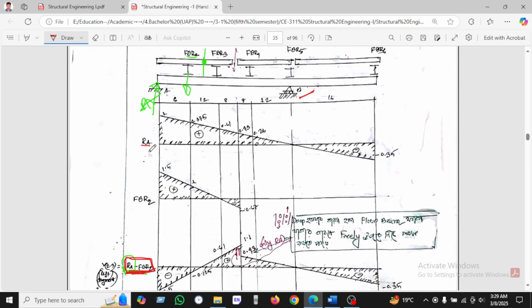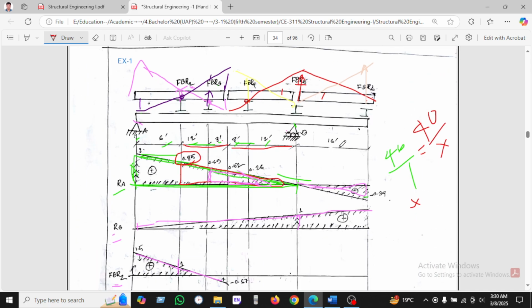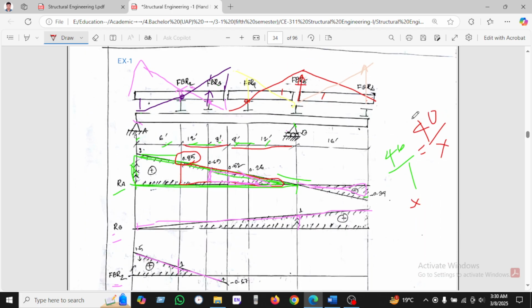Okay, so this is the RA. How will we get RA? We take 1 unit upward, and we see here this is the support. That's why it will be 0. So we are passing all things here. And if we compare the triangle here, I've already shown how to calculate the value. This is for a similar triangle.